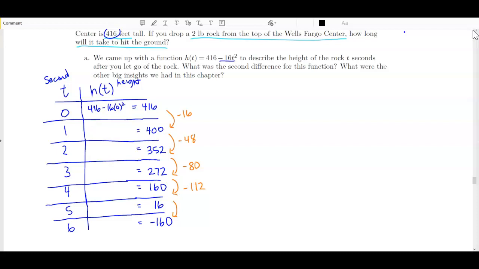And then if we try it one more time, negative 112 minus negative 80, you should still get another negative 32. And this is freaking out again like it did last time. I don't know why it does that. It's not letting me write on here anymore. But make sure you're writing down next to it, showing that the second difference is negative 32. Okay.